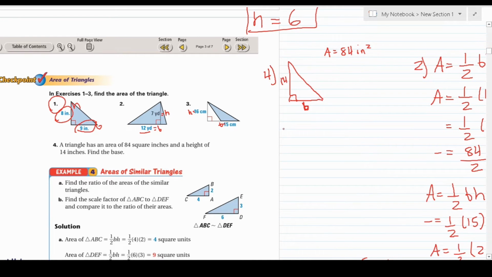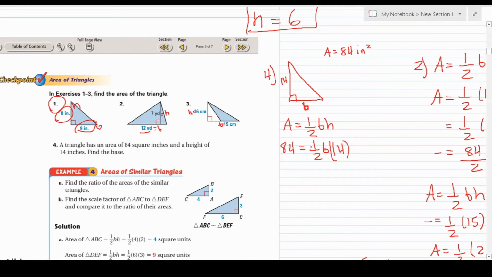Again, we're going to use the area formula to solve this one. Area equals 1/2 times base times height. In this case, we know what A is. It's 84. 1/2. We don't know what its base is, so we're going to leave that as B. And we know its height is 14.